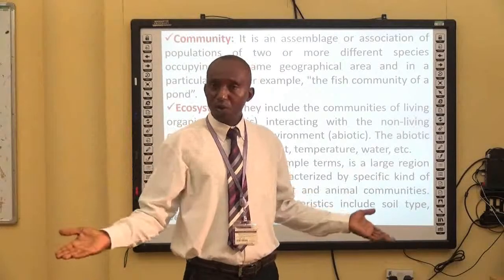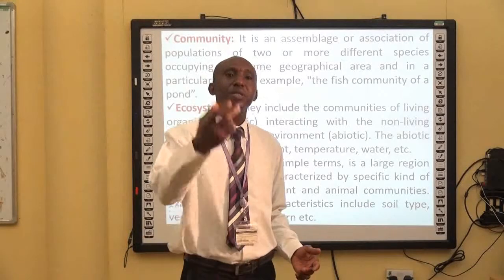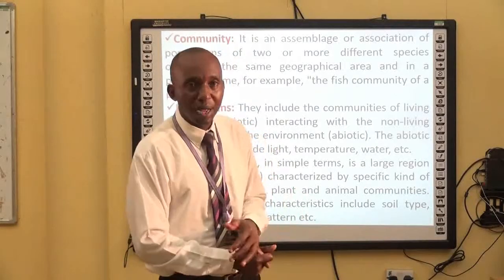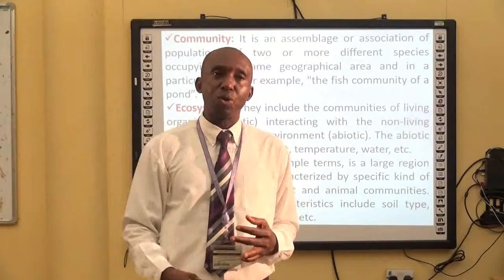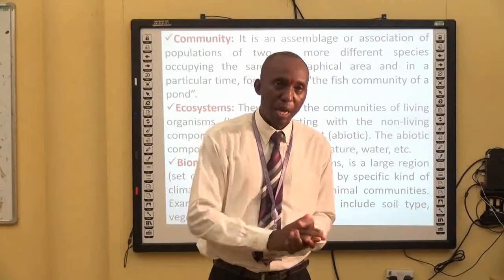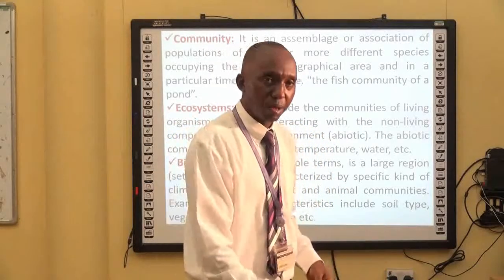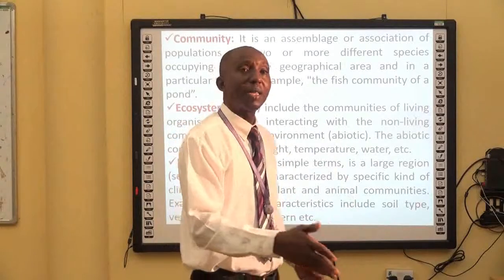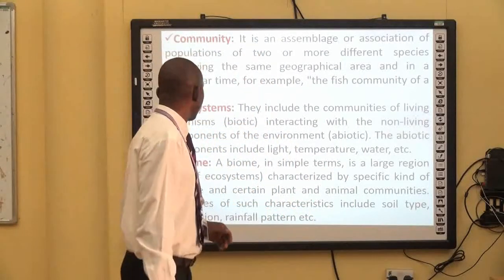Because for us to survive in any environment, we must breathe air. So the air we breathe is the abiotic component. The light we use to see when we go outside, that causes our plants to grow, is also abiotic component. The ground on which we till to plant our crops is also abiotic component.